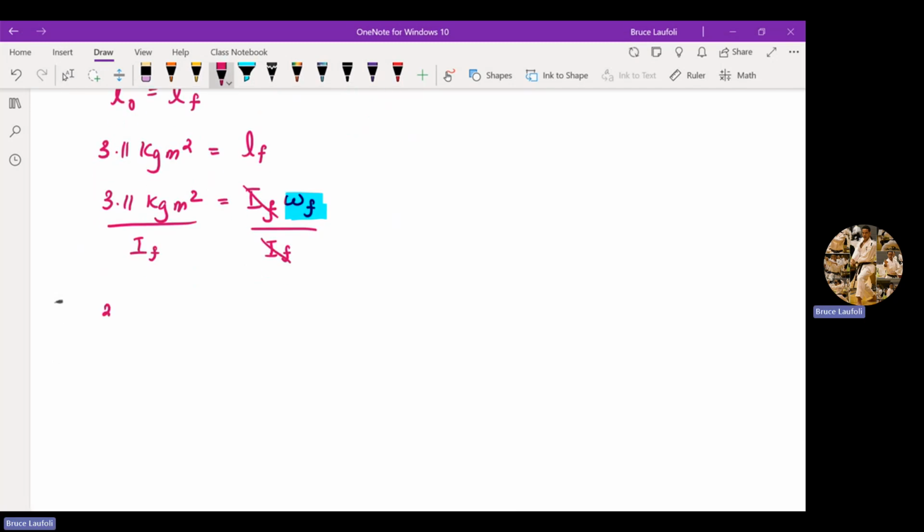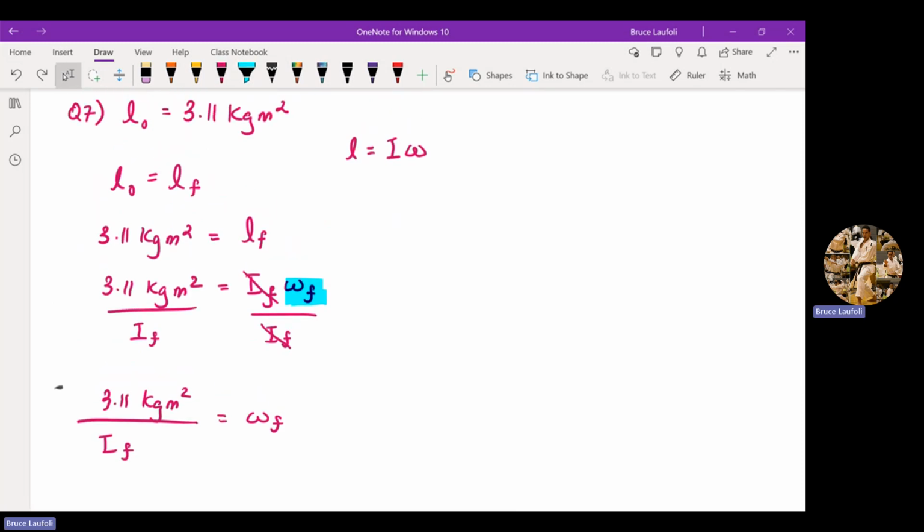So then we get 3.11 kg m squared per second divided by I final should equal our answer. Essentially what we need to do is figure out what I final is.